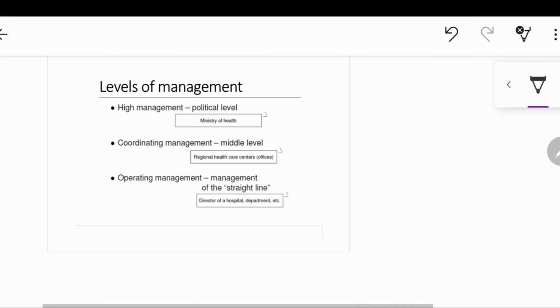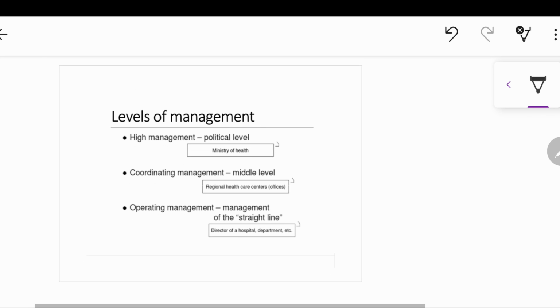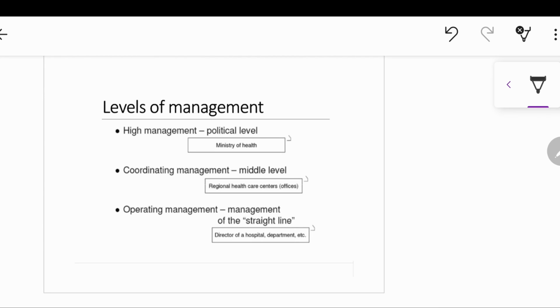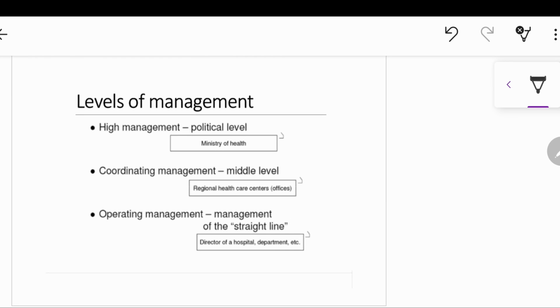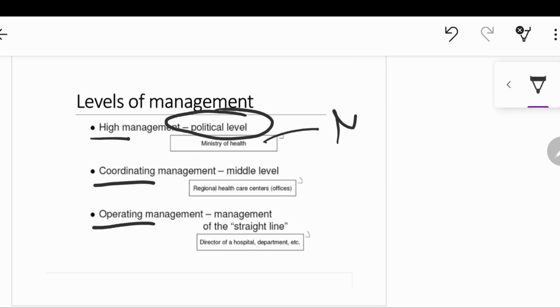Now we have to look at the levels of management. All this slide tries to bring to you is management in different areas: high management, coordinating management, operating management. This can be on a political level, such as the Minister of Health. And if I remember correctly, the Minister of Health is responsible for determining the health policies.